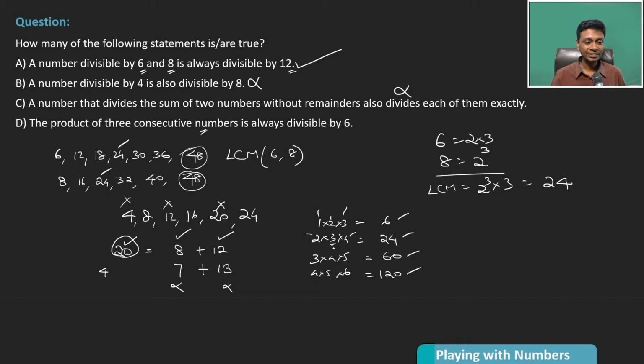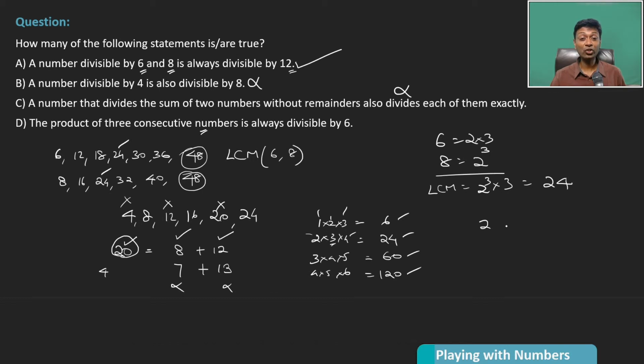In any case, there is one even number. That much we know very clearly. So the product will be even, a multiple of 2. If we can now establish that the product will also be a multiple of 3, we are through. Then it has to be a multiple of 6, 2 into 3.